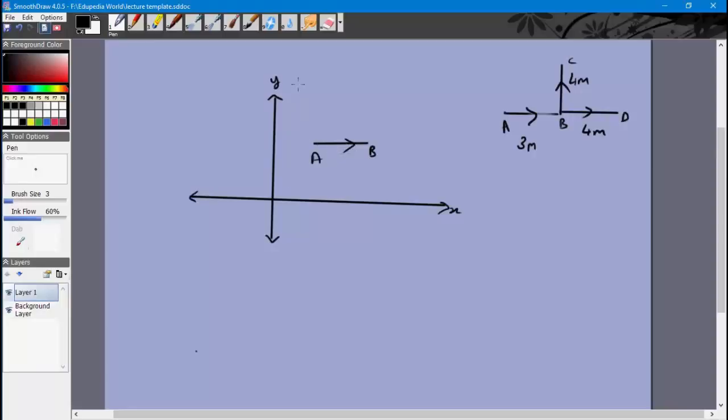What we generally do when we are drawing vectors on a coordinate axis is we say the length of the segment, not the arrow, is linearly proportional to the magnitude.